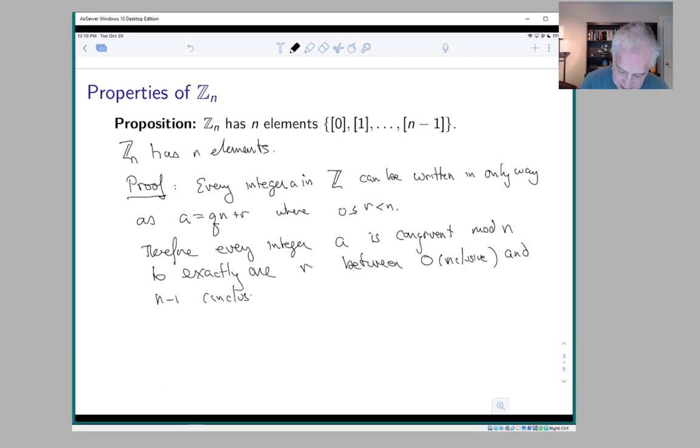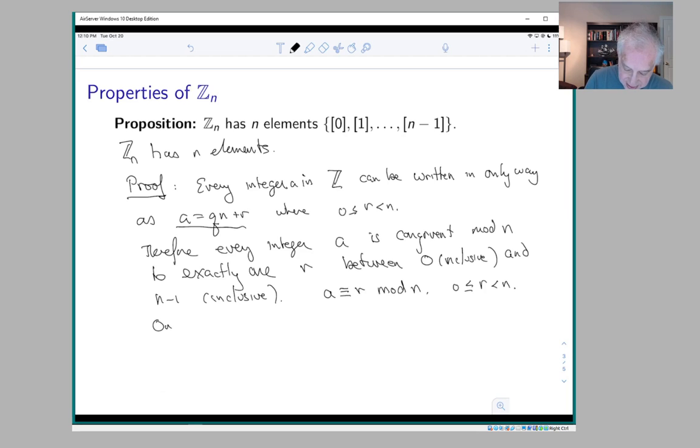And that's because from this formula, you have a is congruent to r mod n. And r is between 0 and n. And so this shows that every integer is congruent to at least one of these things.